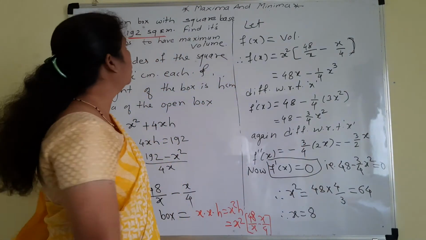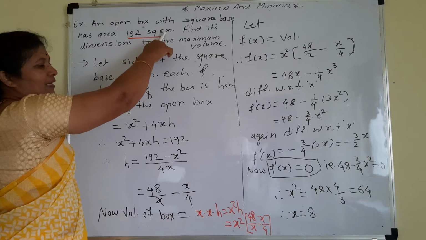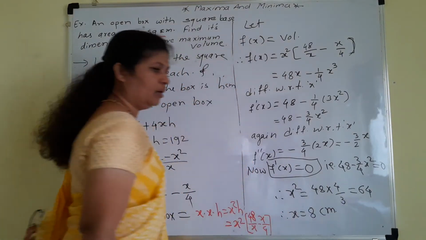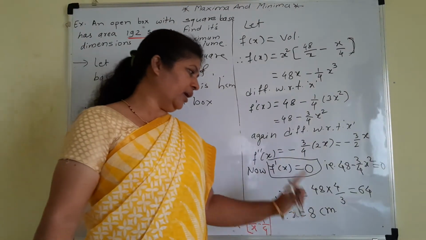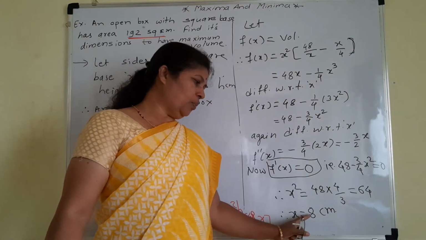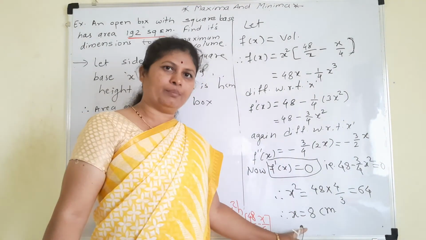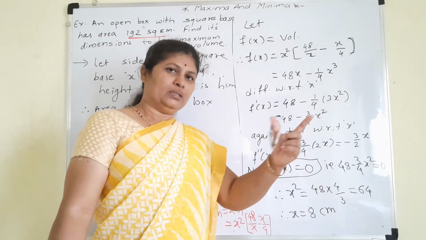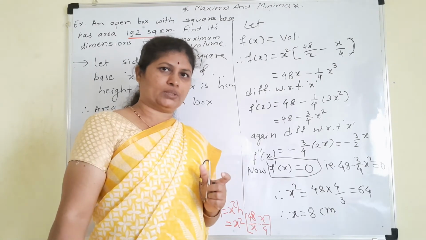The dimensions are in centimeters, so x is equal to 8 centimeters. I have not taken the negative sign. x is equal to plus or minus 8, but remember what our x is: x is nothing but a dimension, the length of the base of the box.